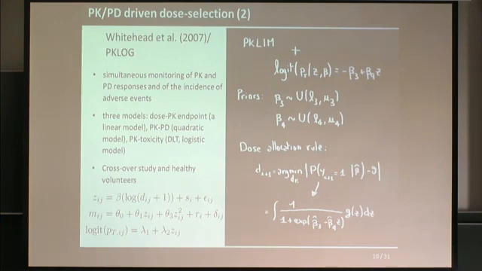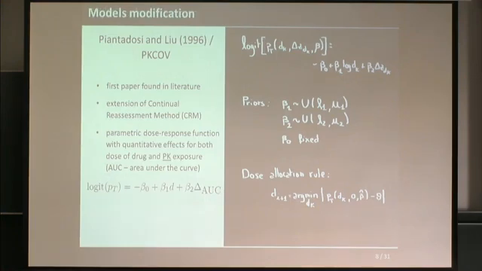Now, somebody suggests, I didn't realize who, that I introduce dose D as a covariate, and then I introduce area under the curve as an additional covariate. But area under the curve is uniquely defined by the dose.